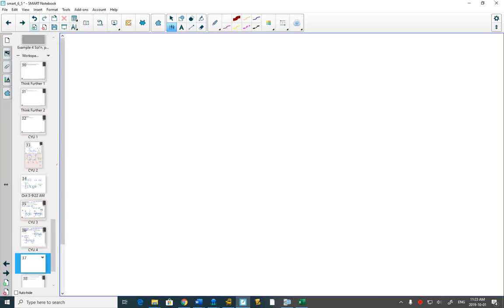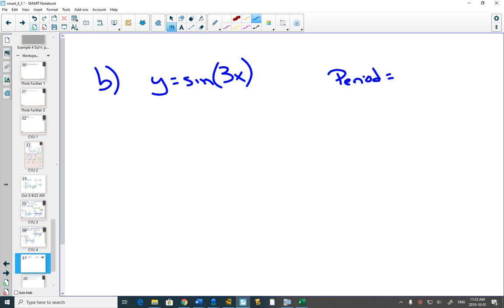Part B. y equals sine 3x. Now this is a b value. Your b value affects your period. At the bottom, under example 2, we had written the following formula that your period is 2 pi over your b value, which should make sense because this is a horizontal compression.